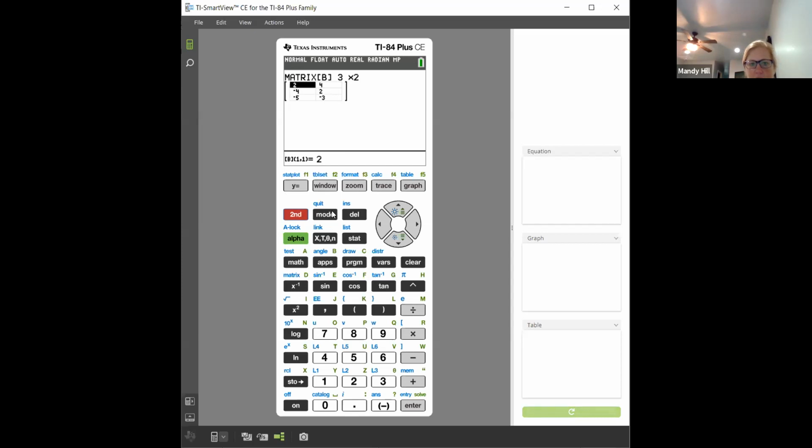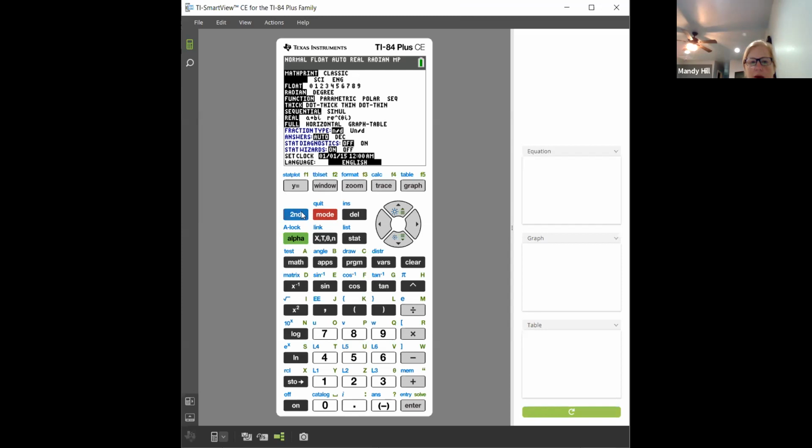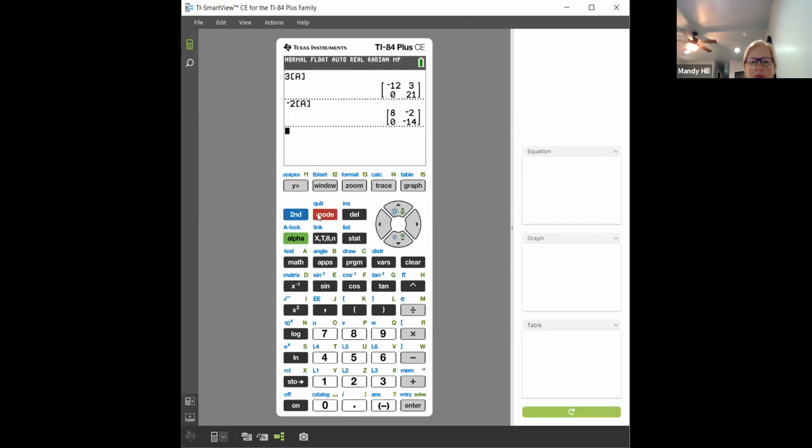So we want to do 2 times matrix A. To get matrix A to come up, we'll hit second matrix and hit enter, plus 3 times matrix B. So second matrix, and we'll want to scroll down to highlight B, hit enter again, and it gives me the answer.